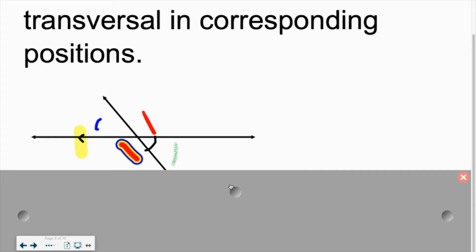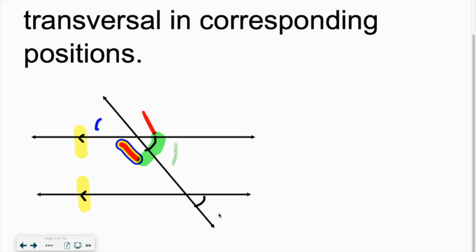Notice that the angle we're looking at right here is in this bottom right, where the green crayon marker is. So when we talk about corresponding, we want the same angle as that one, but down here where this transversal crosses this parallel line. Going in the same order, you can see we got an angle here, an angle there, an angle here, and then that angle over here again.